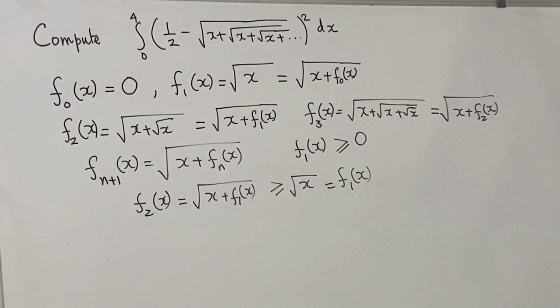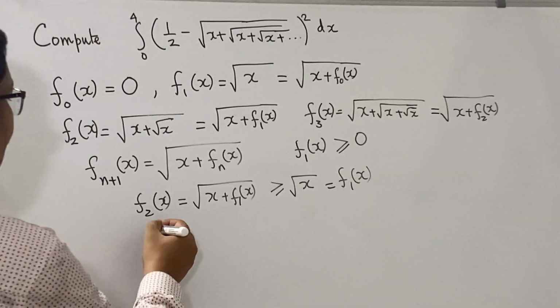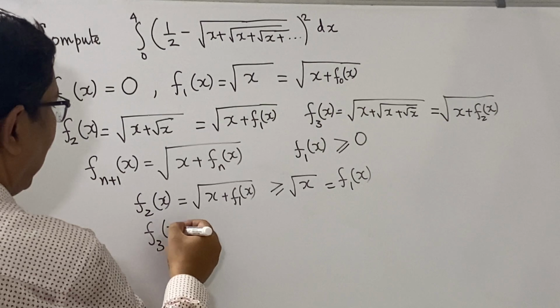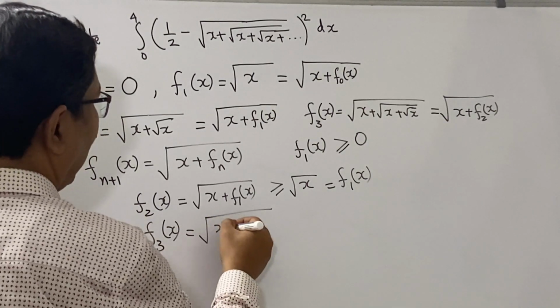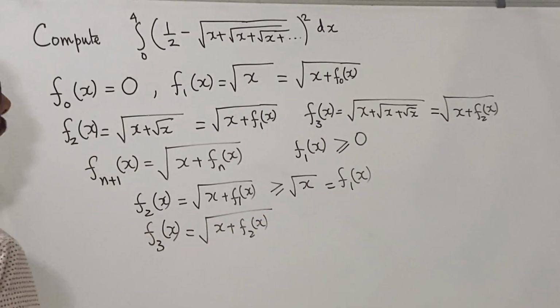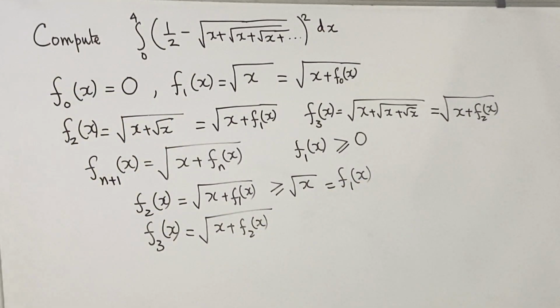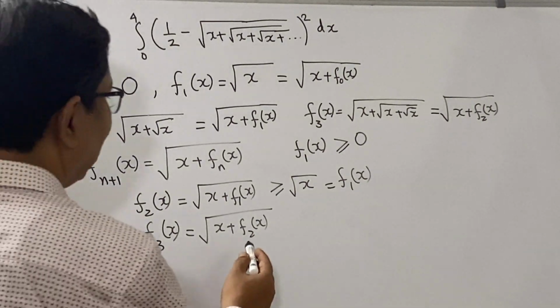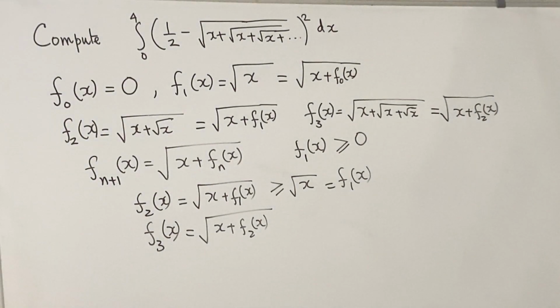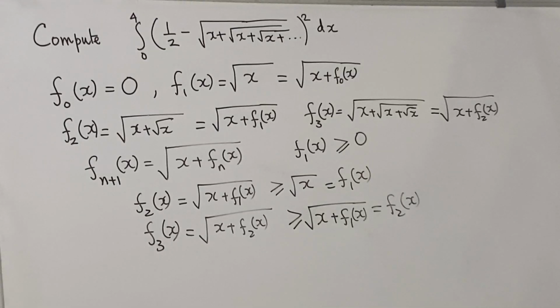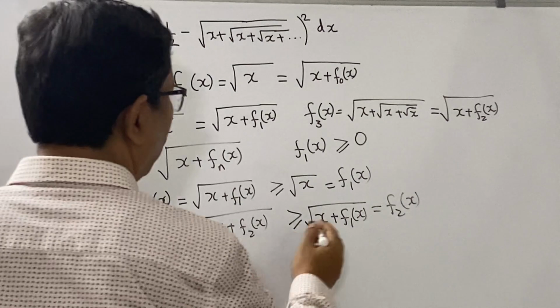So f2(x) is greater than or equal to f1(x). Similarly, f3(x) is the square root of x plus f2(x), and since f2(x) is greater than or equal to f1(x), f3(x) is greater than or equal to f2(x).